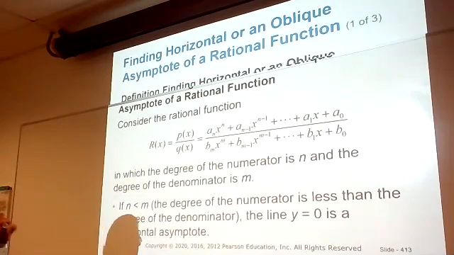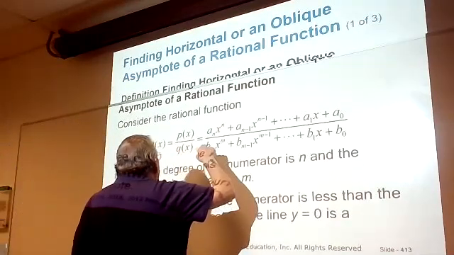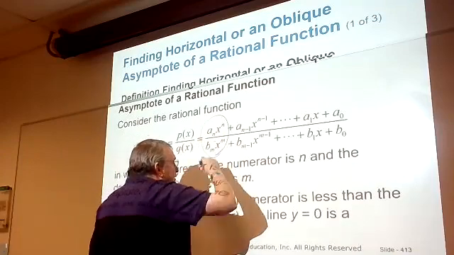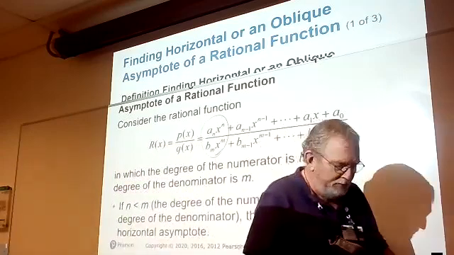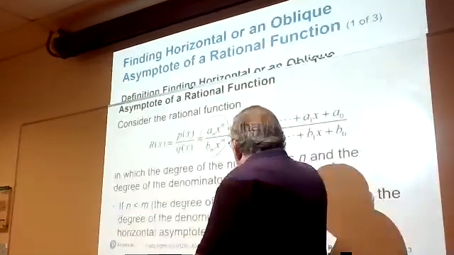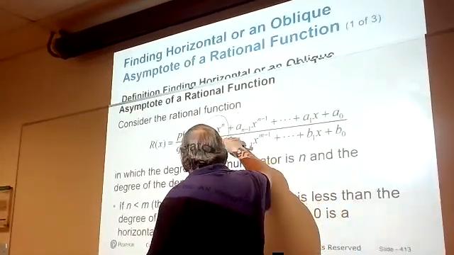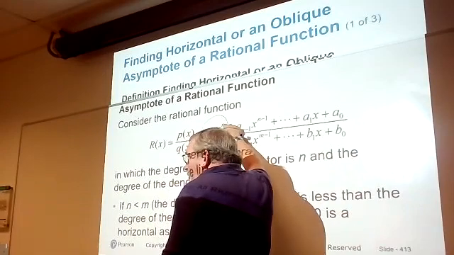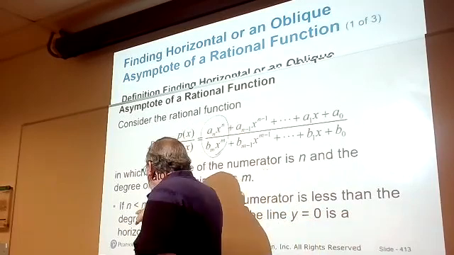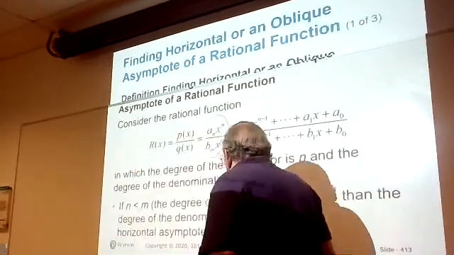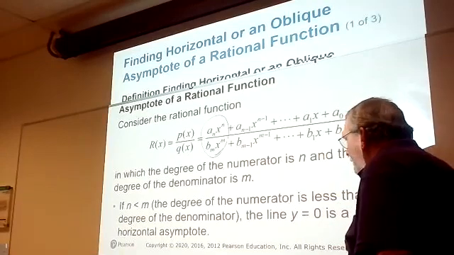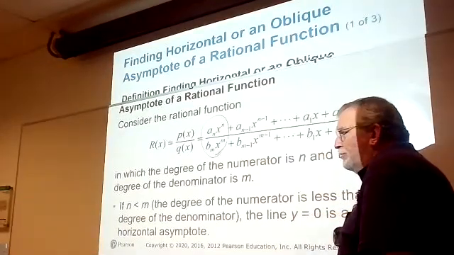Now, the horizontal depends upon the two leading terms, and you compare the degrees of the two leading terms. If the numerator has a smaller degree than the denominator, n less than m, then the line y equals 0 is a horizontal asymptote.